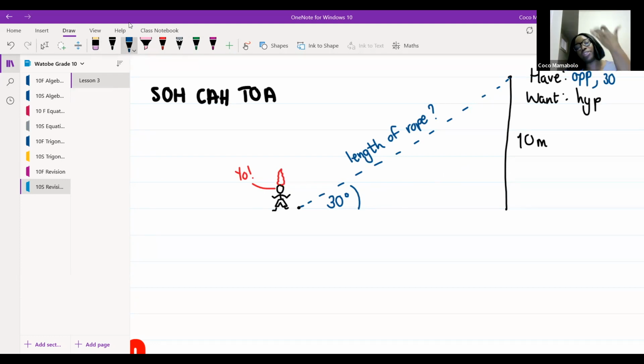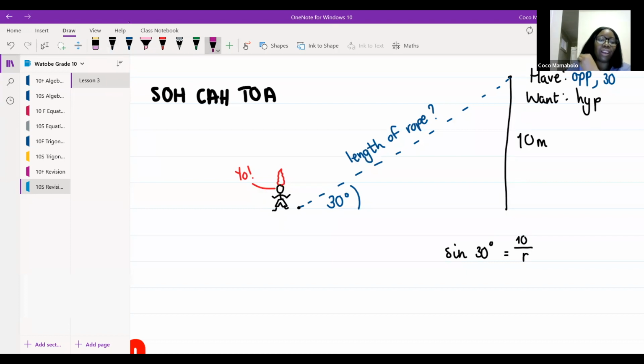Now, if we think of SOHCAHTOA, we're going to use the SOH because that's sine. So we're going to have sine of my angle, which is 30 degrees, is equal to my opposite side, which is 10, over my hypotenuse, which is the length of the rope. I'm going to call it R. Now, I'm going to run into a bit of a problem here because my R is actually in my denominator.